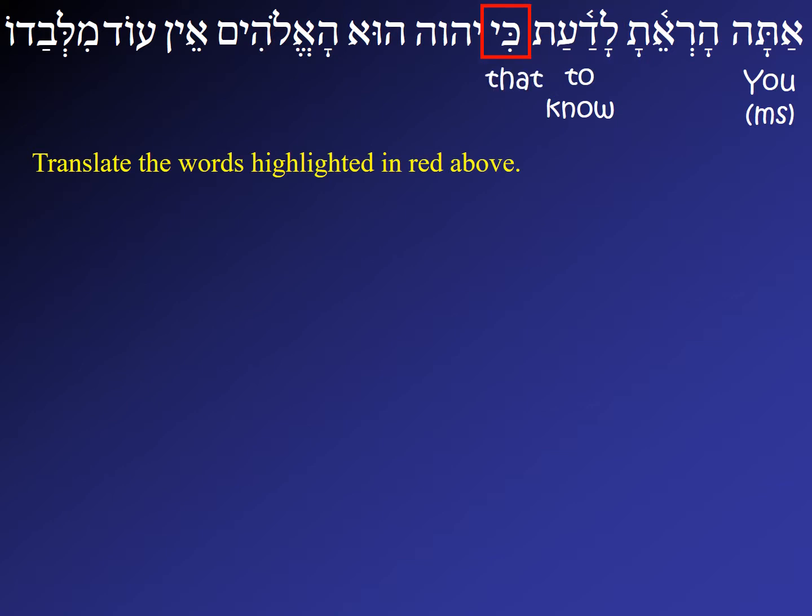Ki, that. Adonai, the Lord. Hu, now this means he, but it can also indicate a verb. So the Lord, he is ha-Elohim, God. So to know that the Lord is God, or to know that the Lord, he is God.